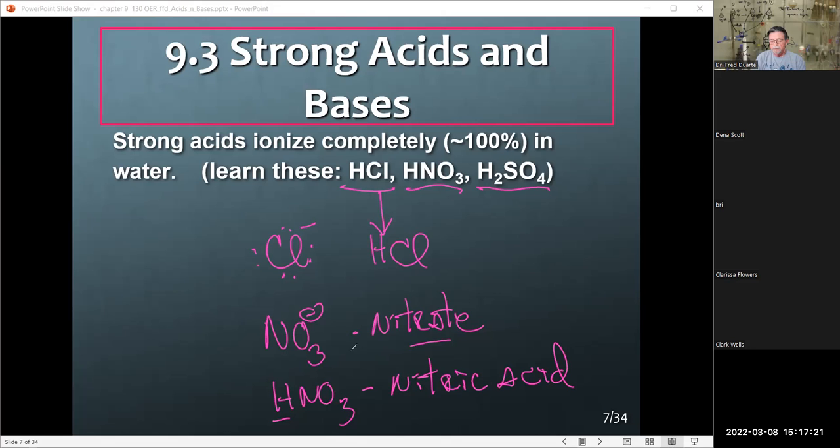And then look at the other one, SO4. Doesn't that look familiar with a -2? That is called the sulfate. Remember the sulfate polyatomic ion table? Well, originally this came from H2SO4, and this is sulfuric acid.